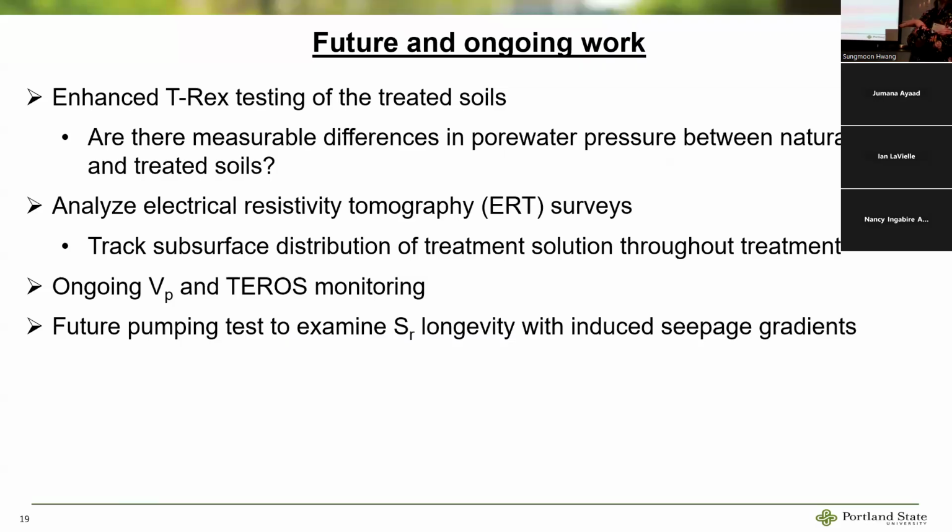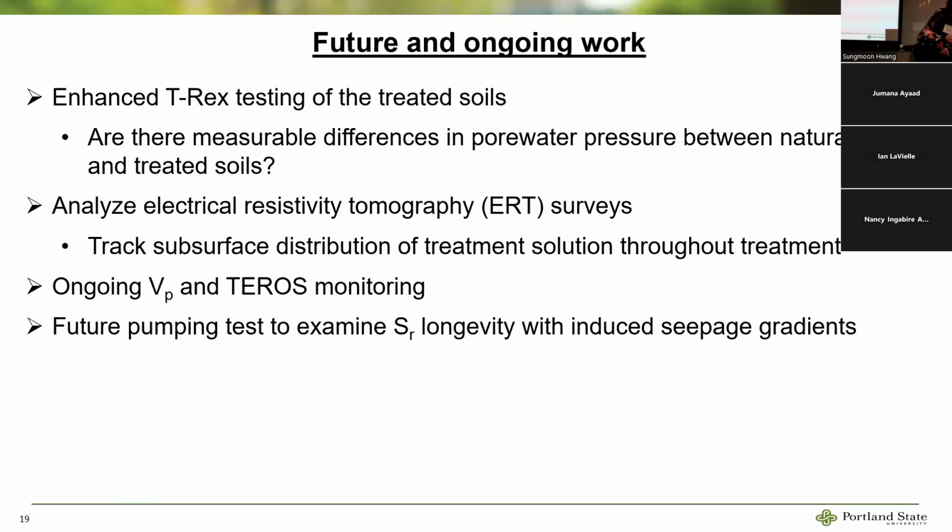There are differences in pore water pressure buildup between the treated and untreated soils. We also plan continual analysis of the electrical resistivity tomography surveys, and ongoing pressure wave velocity and TEROS monitoring.